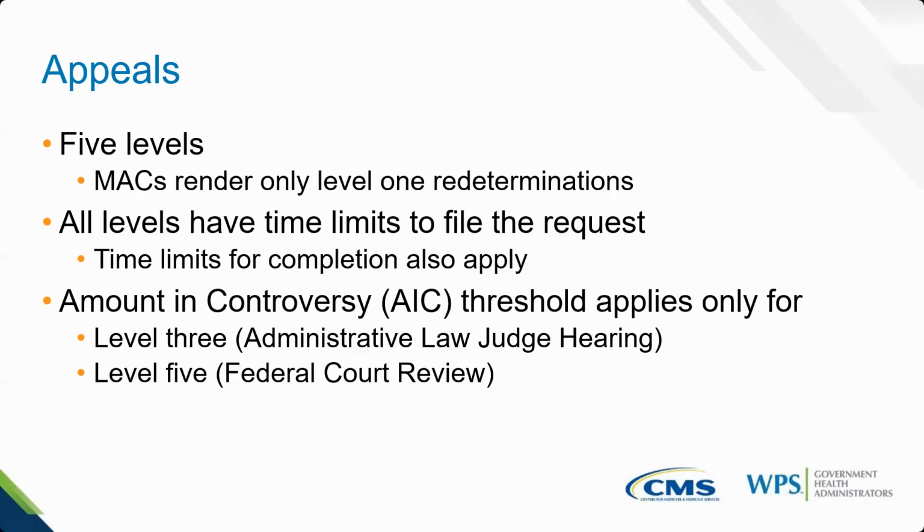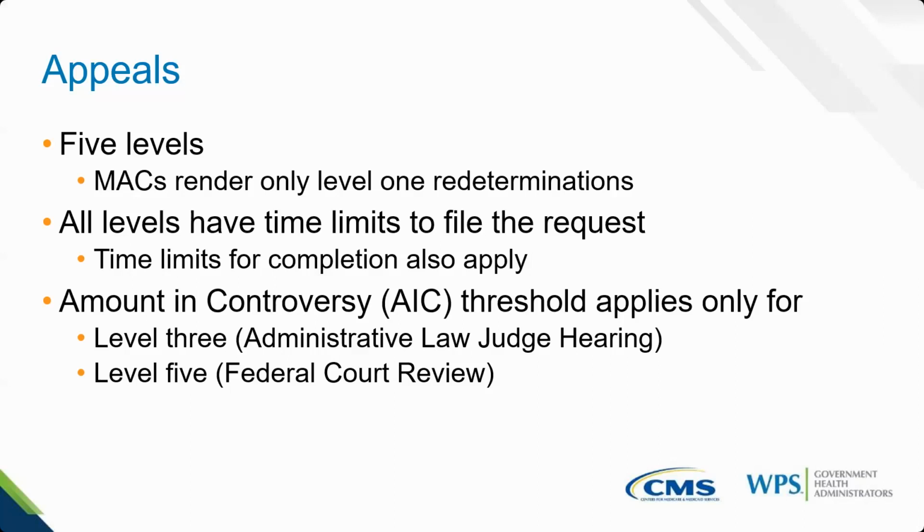There are 5 levels of an appeal. There is only one level of appeal that's performed at the MAC level, and that is called redeterminations. That is the first of 5 levels of appeal. All 5 levels have time limits to file the request. There are also time limits for completion that apply.